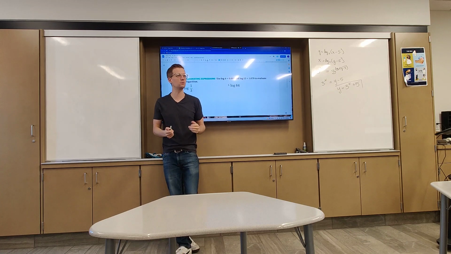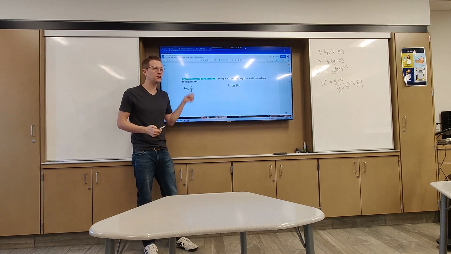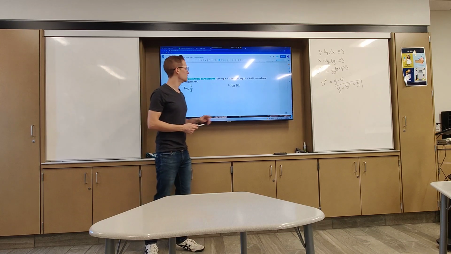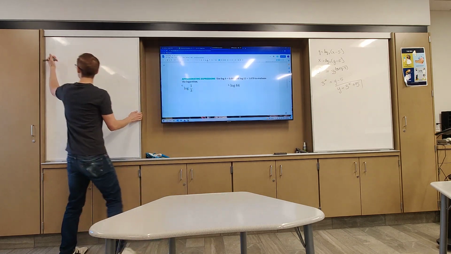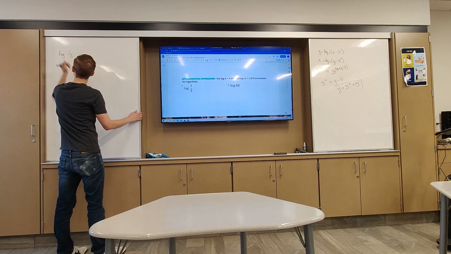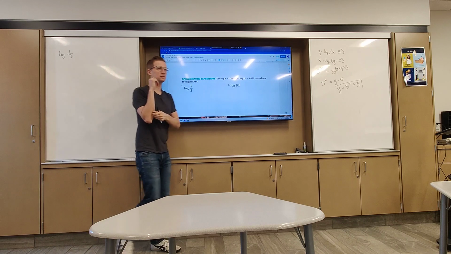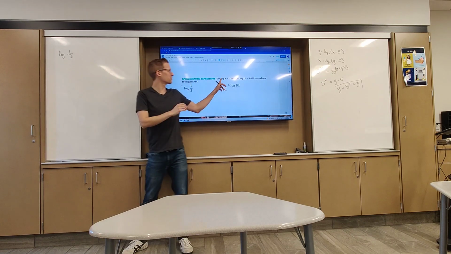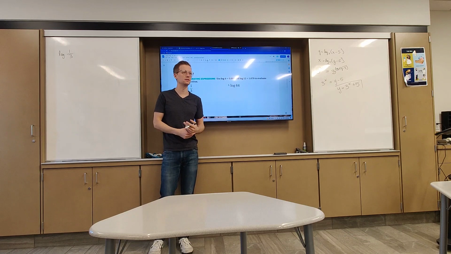So what a lot of people did was just plug this into their calculator and put the value in. That's not what I wanted you to do. So what you had to do was use properties of logs to rewrite this in terms of these two things, and then you can approximate.